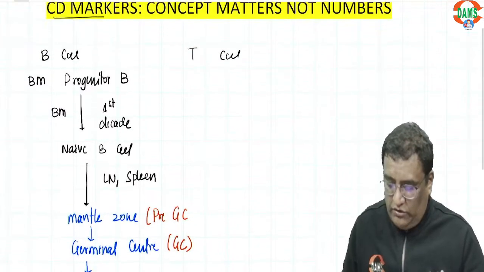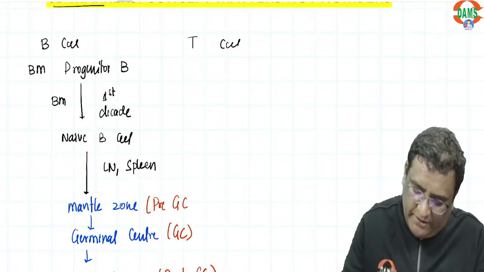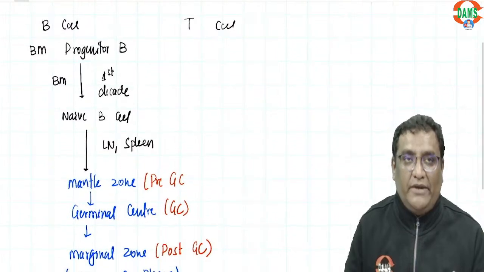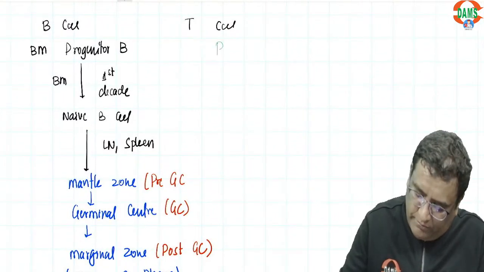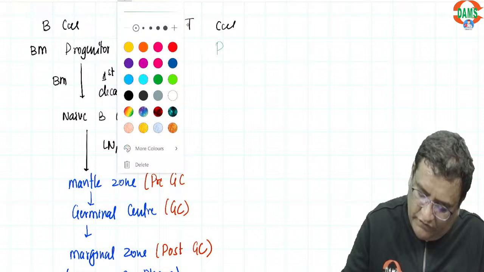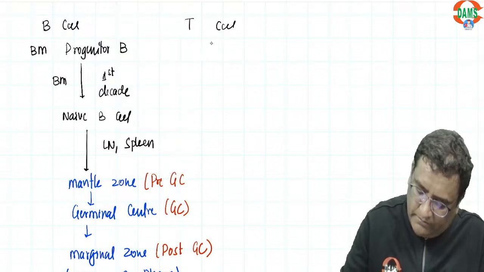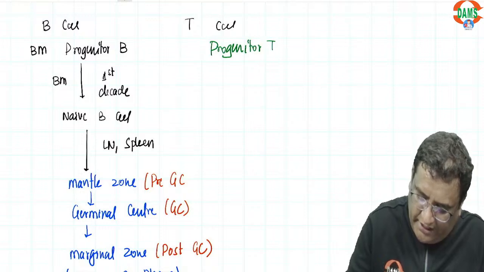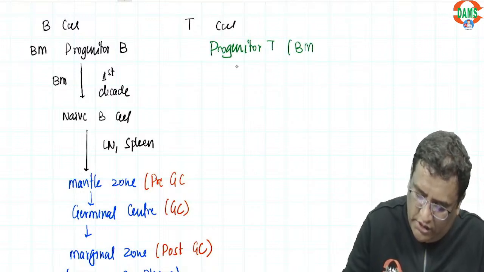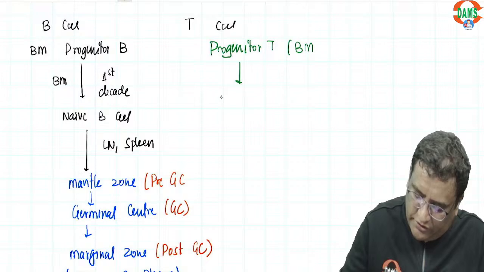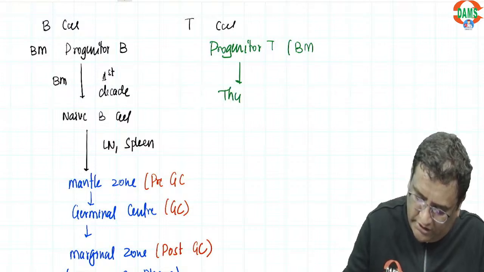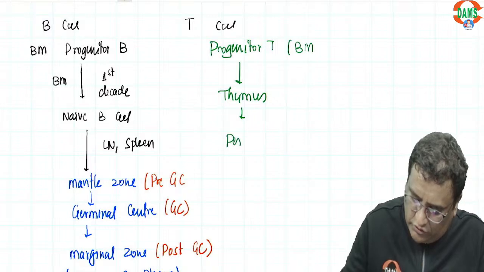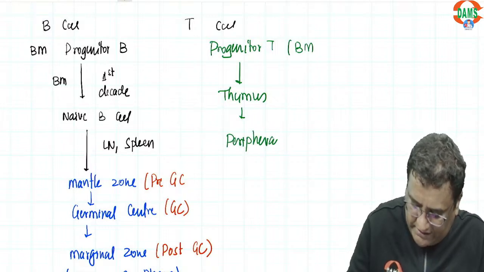Yes, so now let me talk about T cells. T cell maturation is fairly simple, not as complex as B cell maturation. We start with progenitor T cells, which are in the bone marrow. They enter into the thymus, where they undergo maturation to peripheral T cells.